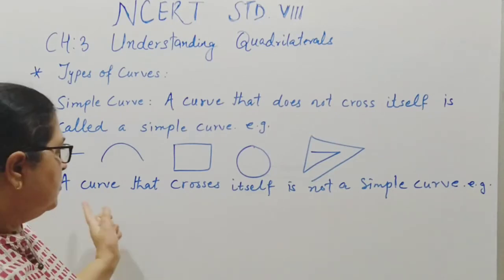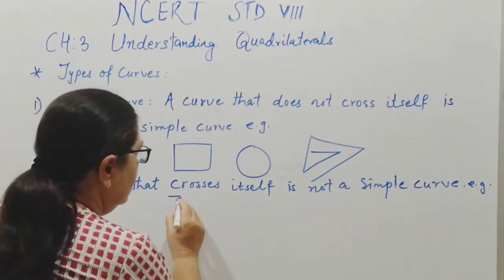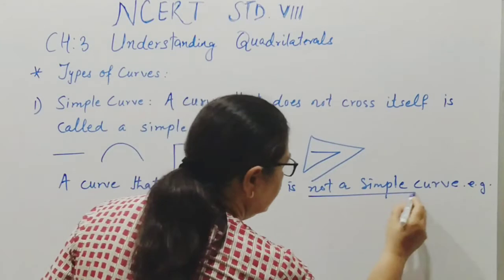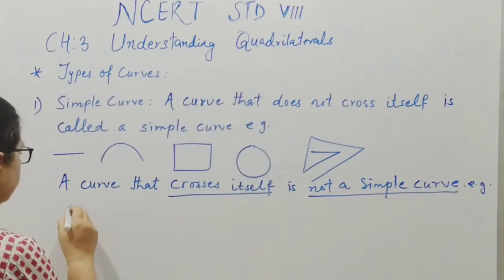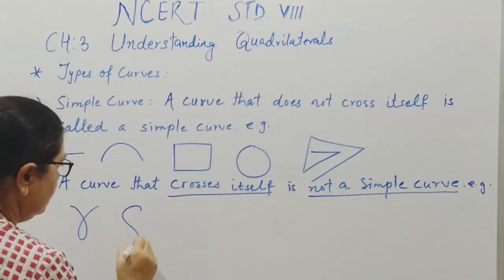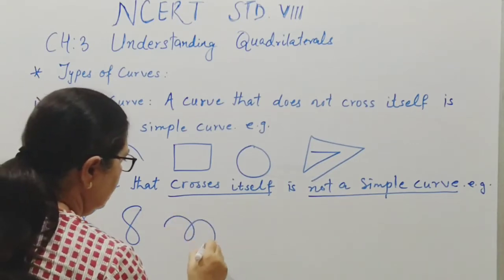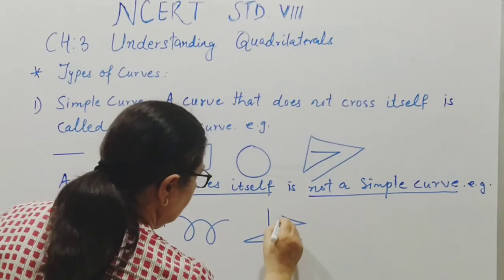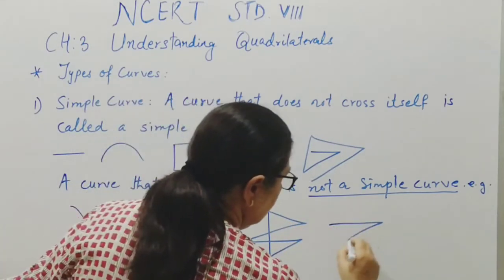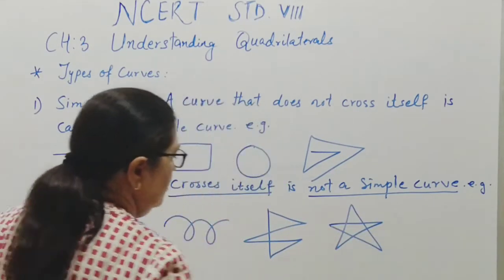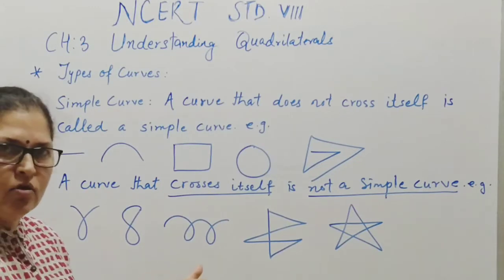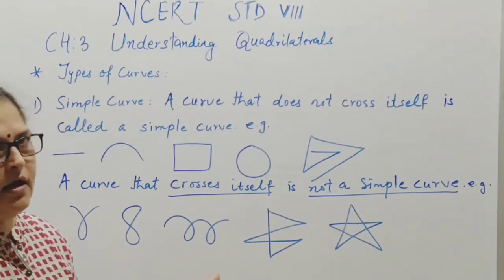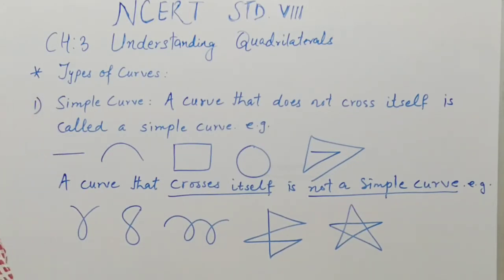And a curve that crosses itself is not a simple curve. For example, here all the curves they are crossing themselves, so these are not simple curves.